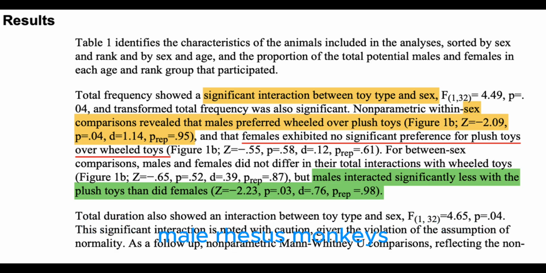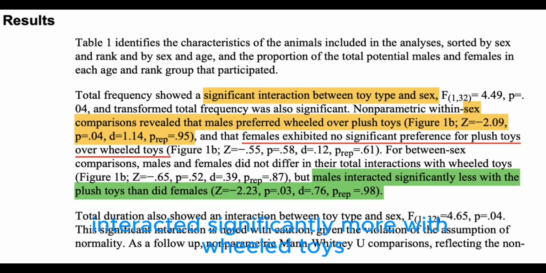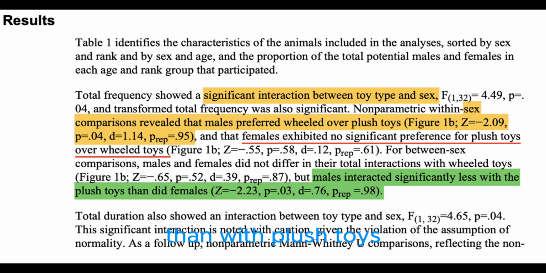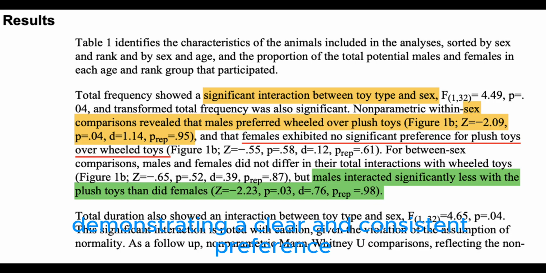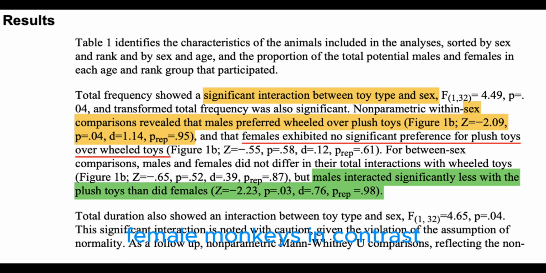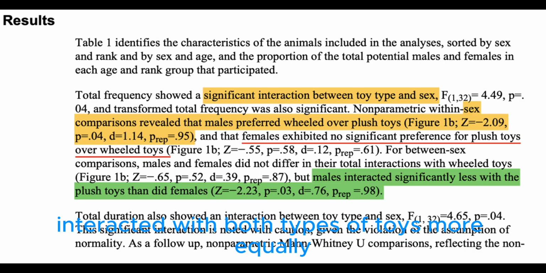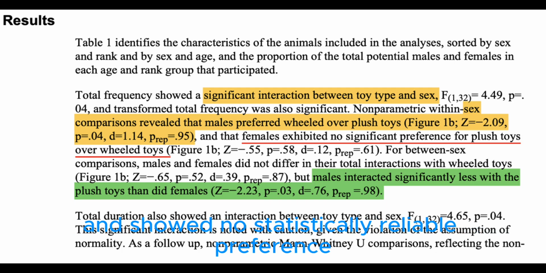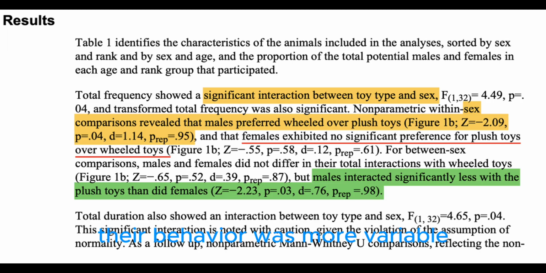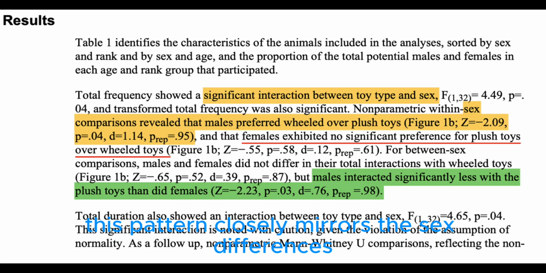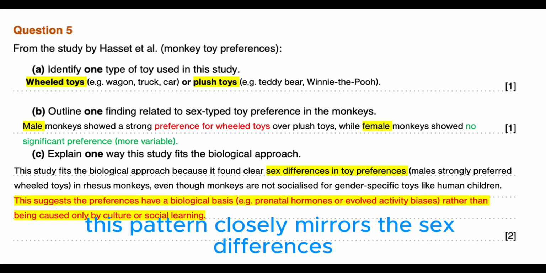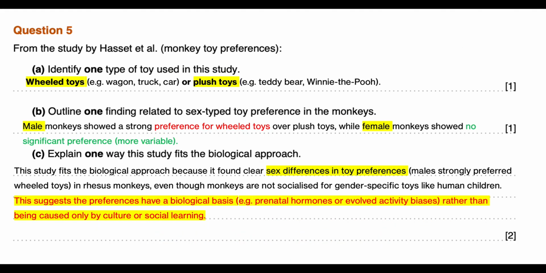Male rhesus monkeys interacted significantly more with wheeled toys than with plush toys, demonstrating a clear and consistent preference. Female monkeys, in contrast, interacted with both types of toys more equally and showed no statistically reliable preference. Their behavior was more variable. This pattern closely mirrors the sex differences seen in human children.